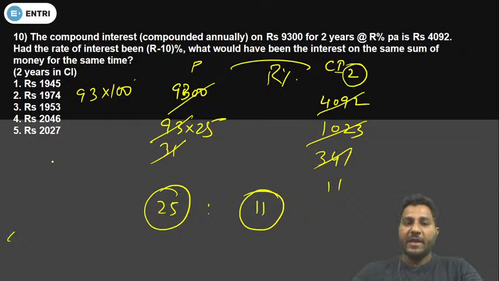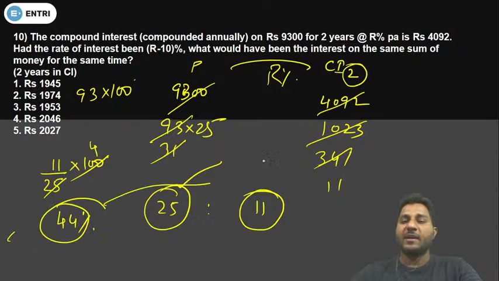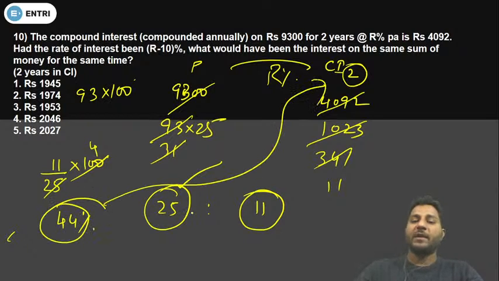That means this 11 will be compared with its principal, and if we multiply it with 100, we will be getting 44% total interest after 2 years. So only one option will match.